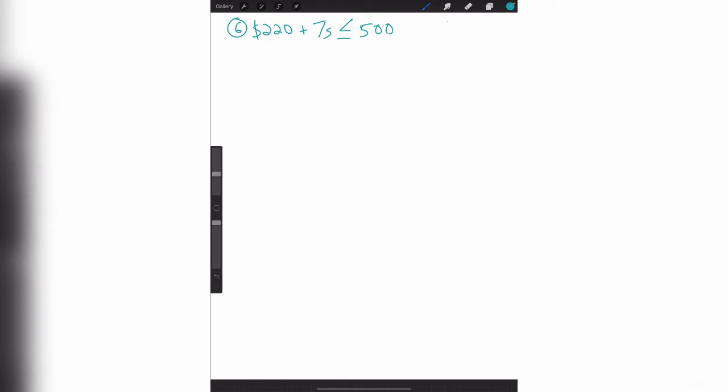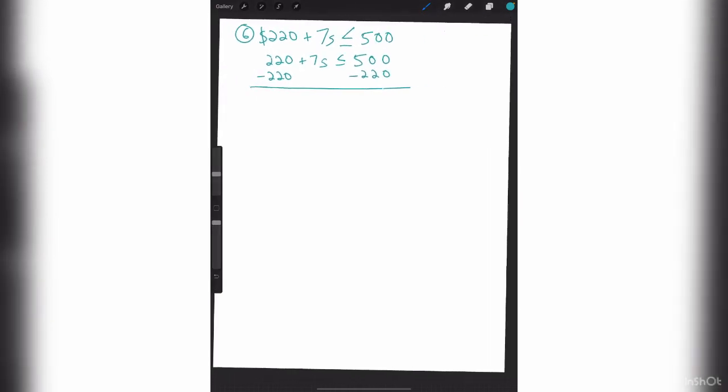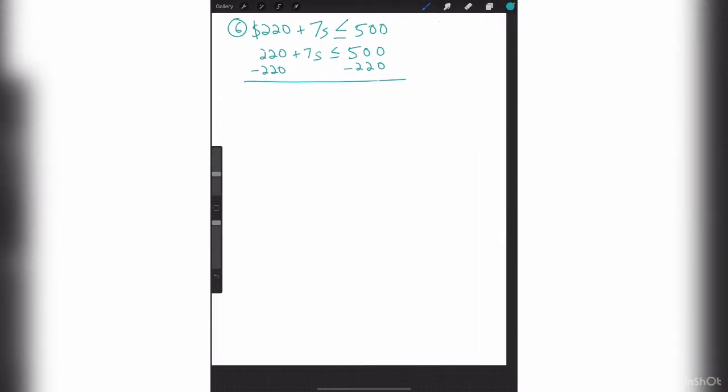Let's figure this out. So I'm going to get rid of that dollar sign there. Just write it like this, where S represents the students. The first thing I'm going to do is subtract 220 from each side. And then I'm going to get 7S.